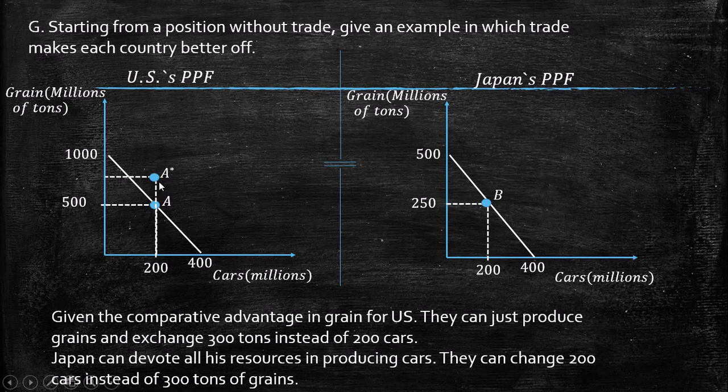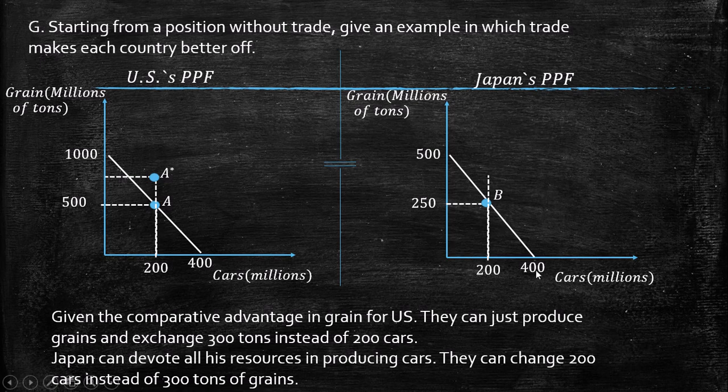We see how they reach a point that was unreachable before, because it was beyond the production possibility frontier. So for the United States, the situation is better. What about Japan?